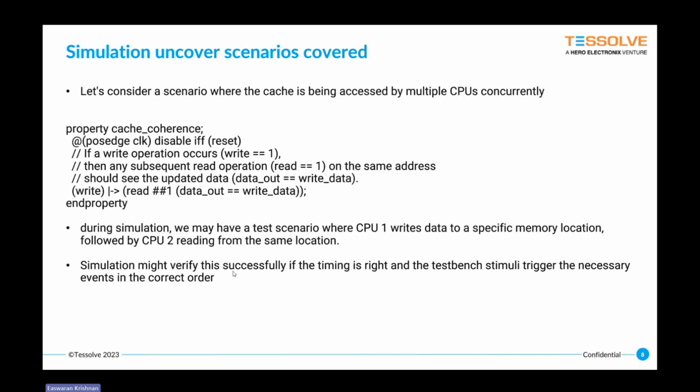Simulation might verify the scenario successfully if the timing is correct and the test triggers the necessary events in the correct order. But in simulation we need to make sure all the needed monitoring logic is taken care of properly.